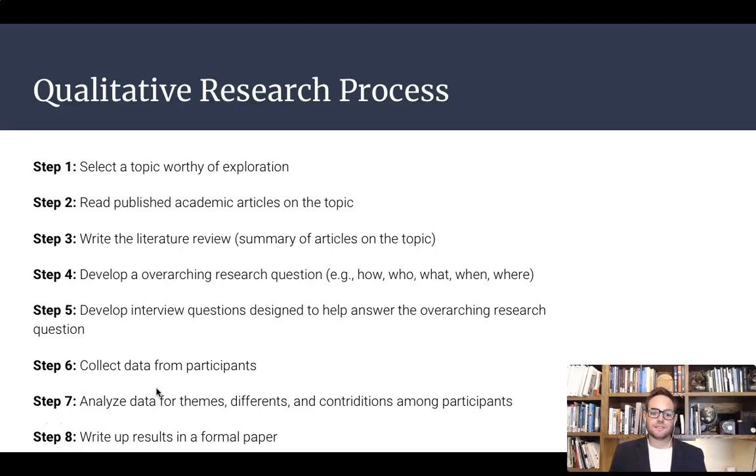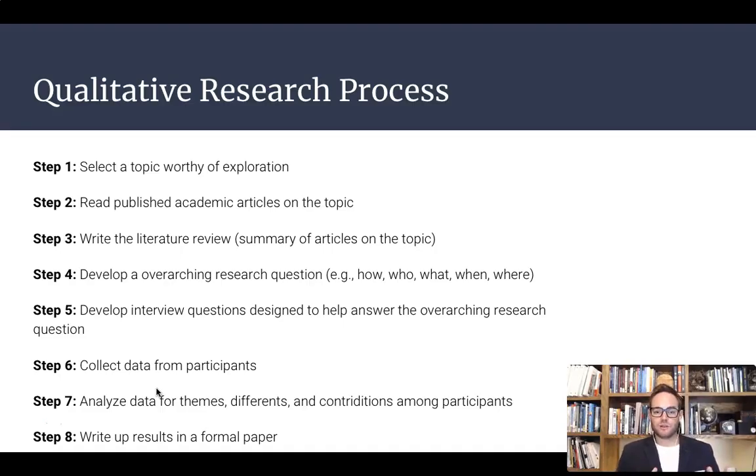This is analyze data for themes, differences, or contradictions among participants. And so, after recording that interview, you go back and do a thematic analysis. Now, again, there's a ton of steps.